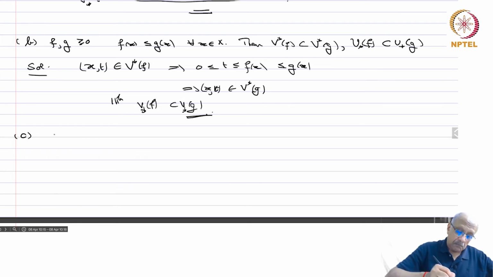Let f_n be greater or equal to 0, and f_n increasing to f.